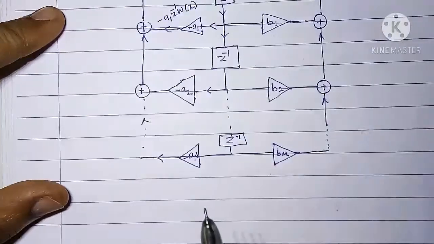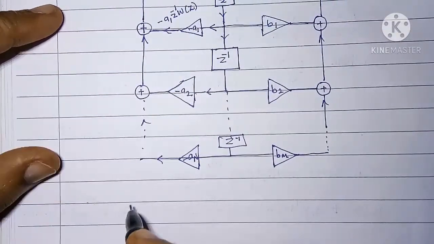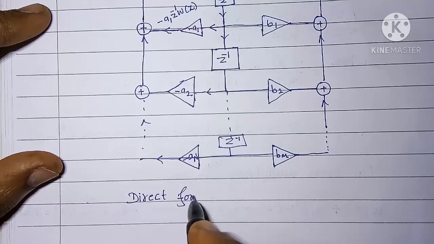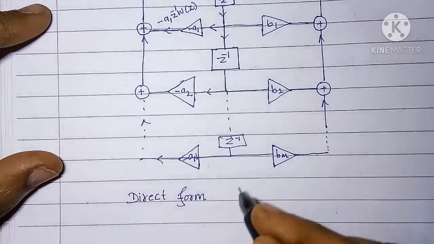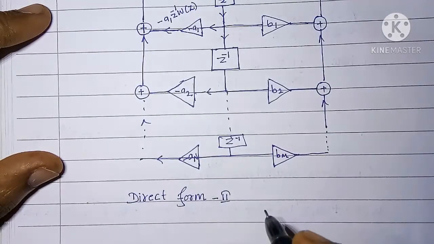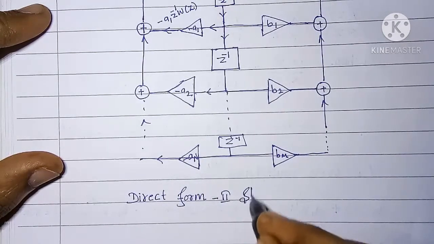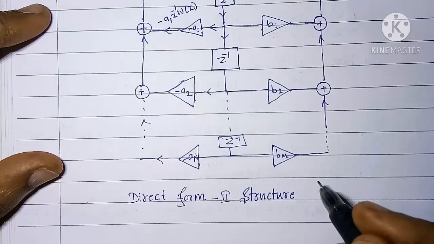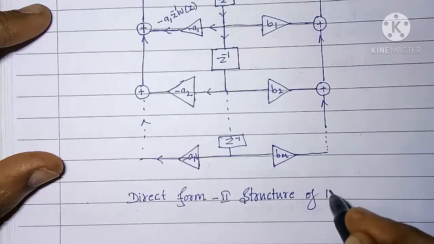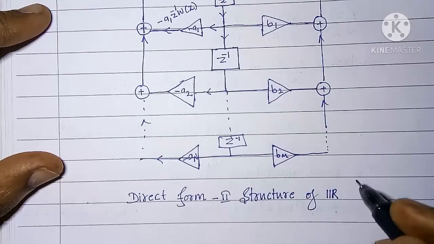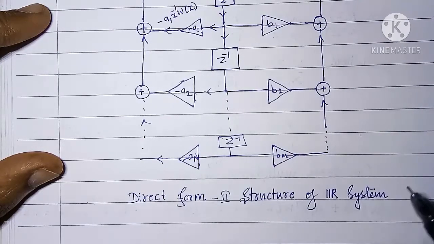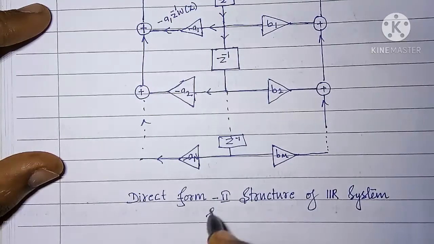This is direct form 2 structure of IIR system for n equal to m.